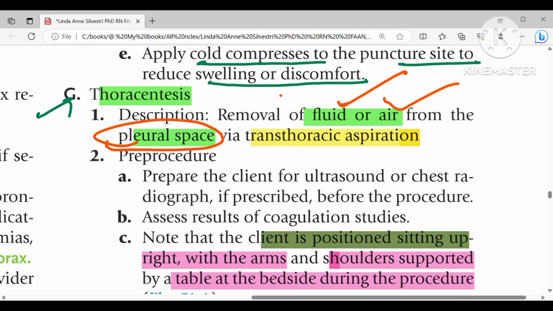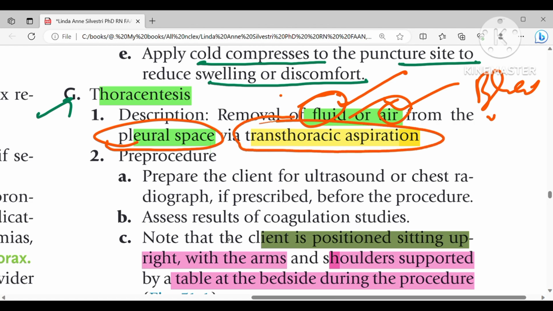So when we are going to puncture the pleura and we are going to remove the fluid or air or any blood collection, whatever fluid is there, any liquid, blood, pus, that procedure itself is called thoracentesis.